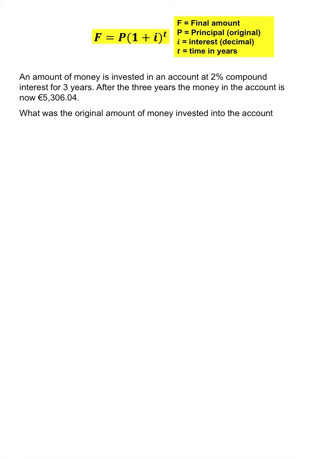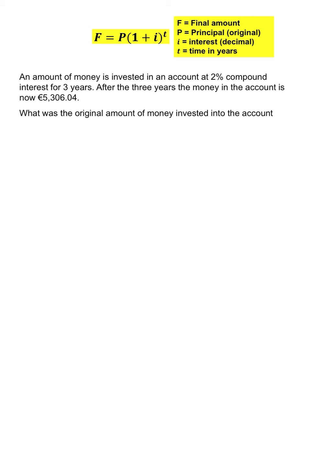One more. So here an amount of money is invested in an account at 2% compound interest for 3 years. After the 3 years, the money in the account is now 5,306 euro and 4 cents. What was the original amount of money invested into the account? So we need to work backwards here. So let's just write out everything we know.